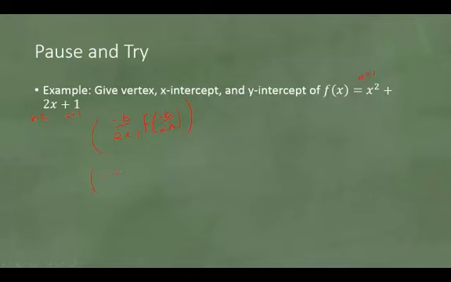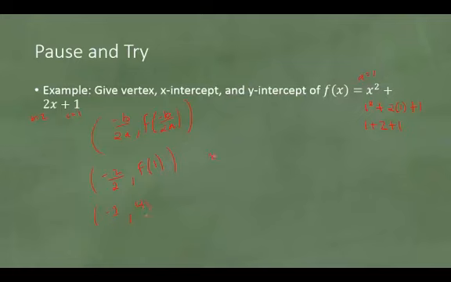So it's negative 2 over 2 times 1, or negative 2 over 2 is negative 1. And then it's the function at 1. The function at 1 is 1 squared plus 2 times 1 plus 1, or 1 plus 2 plus 1, which is 4. That's our vertex.